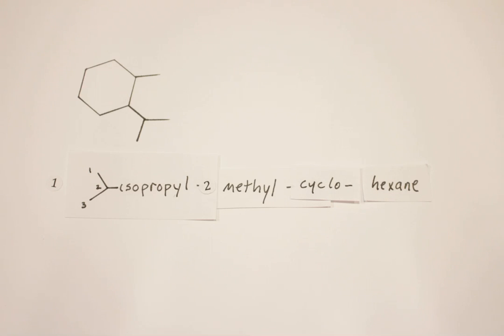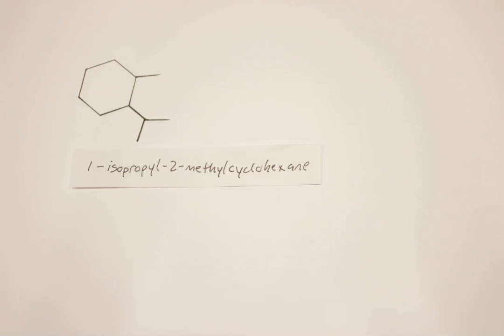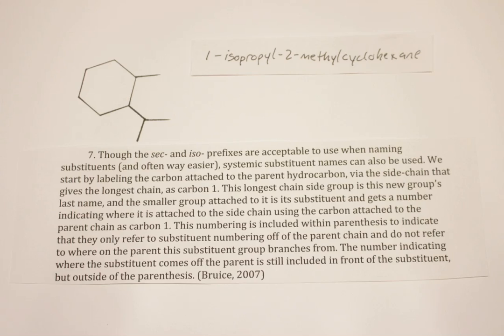Let's look at it as isopropyl first. So we don't ignore substituent prefixes like iso when we're alphabetizing substituents. So iso comes before methyl. So then that makes this molecule 1-isopropyl-2-methylcyclohexane.